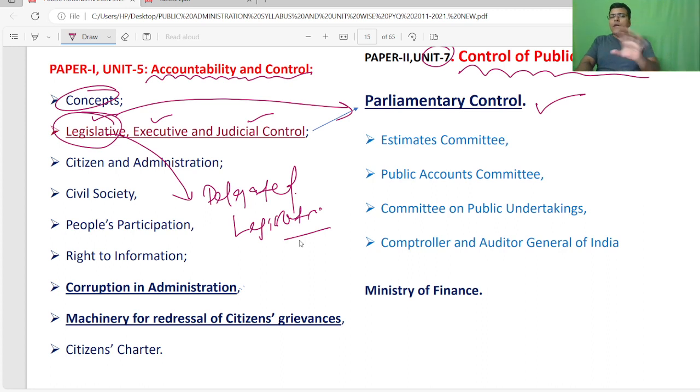So it is interrelated. Legislative control over administration, what we discuss now, is interpreted in paper 2, parliamentary control of public expenditure, and again paper 1 unit 6, administrative law and reform. In administrative law, you have delegated legislation.